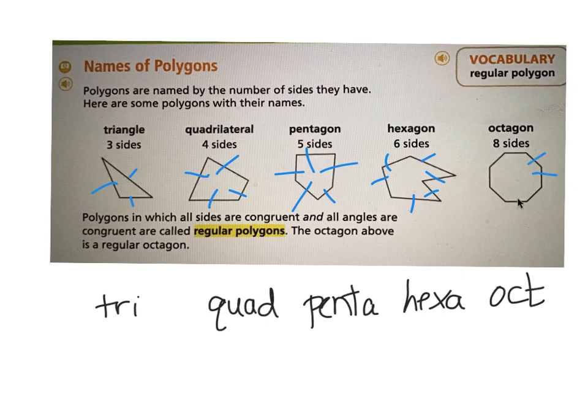Octuplets, that's like 8 kids born at the same time. A stop sign is an octagon shape. It has 8 sides. Polygons in which all sides are congruent and all angles are congruent are called regular polygons. The octagon above is a regular octagon because all the sides are the same and the angles are going to be the same. That's called a regular polygon.